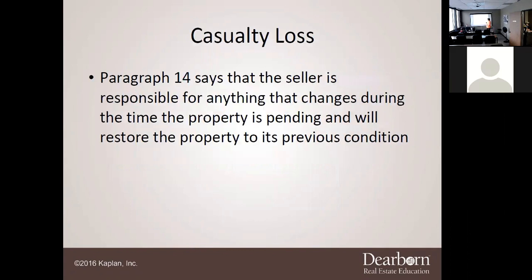So, yeah, casualty loss. Paragraph 14 says that the seller is responsible for anything that changes while the property is pending, and will restore the property to its previous condition.